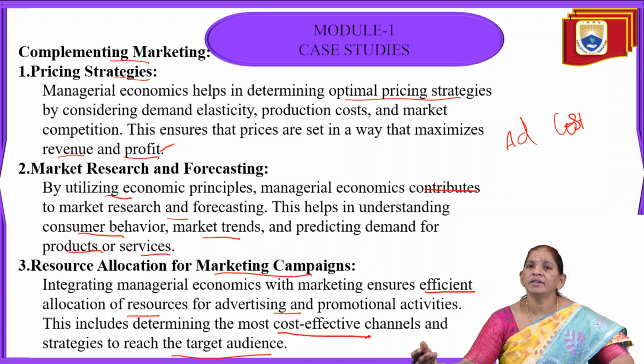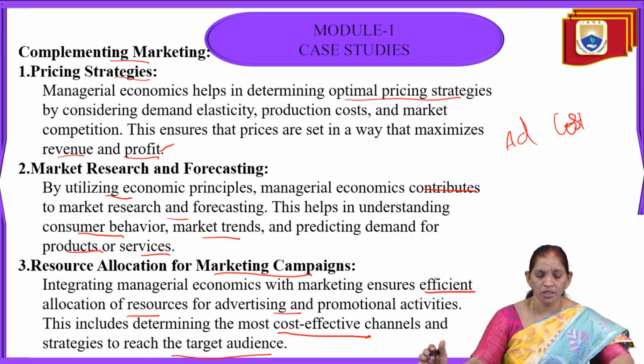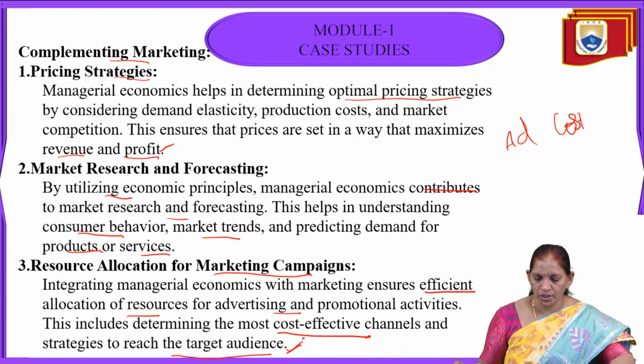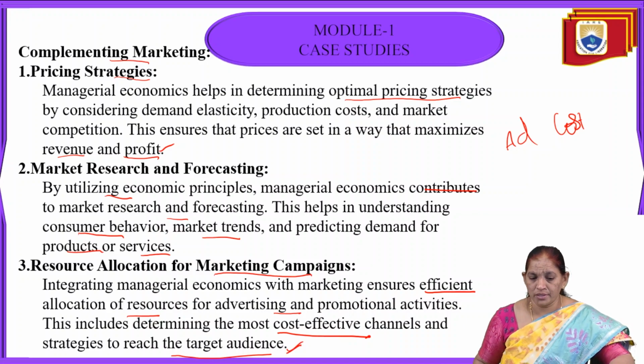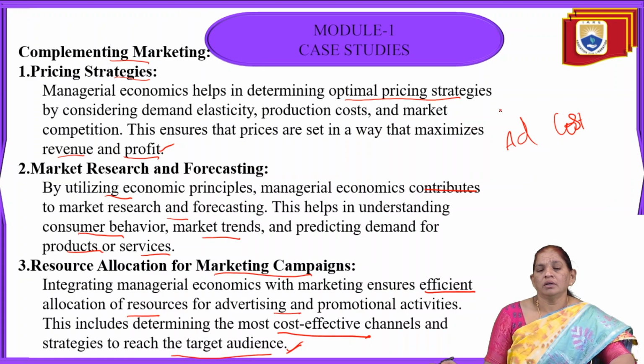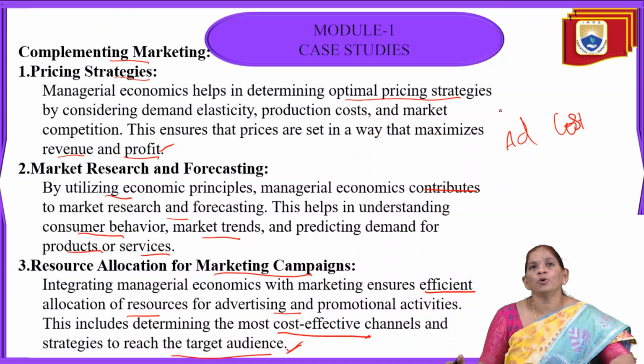So these advertisement campaigns are one of the most effective channels for creating awareness among people, such that these strategies will reach the targeted audience. So these are the three important complementing marketing strategies which we can analyze in the role of economics in complementing the market.